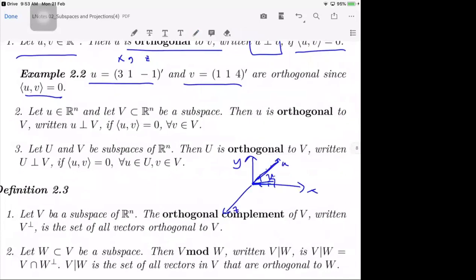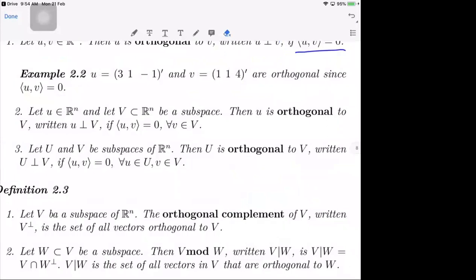So the first definition is orthogonality between two vectors. The next definition is orthogonality between a vector and a space. u is orthogonal to a subspace V, denoted by this symbol, if the inner product of u with v, for all v in your subspace V, is 0.